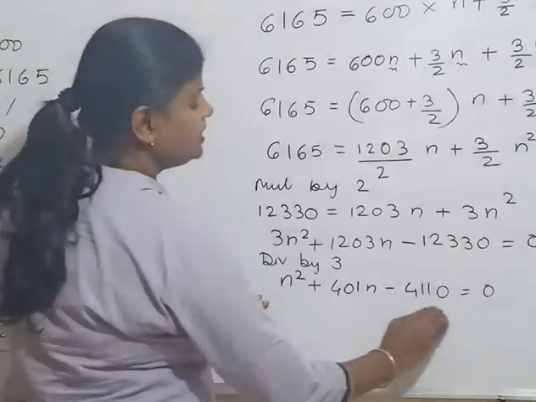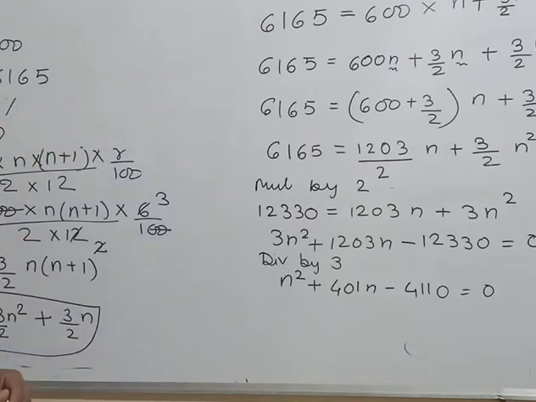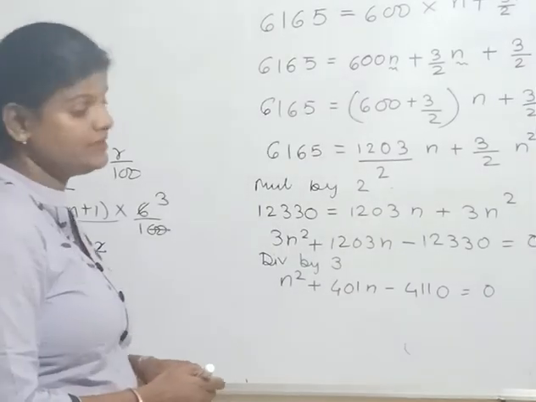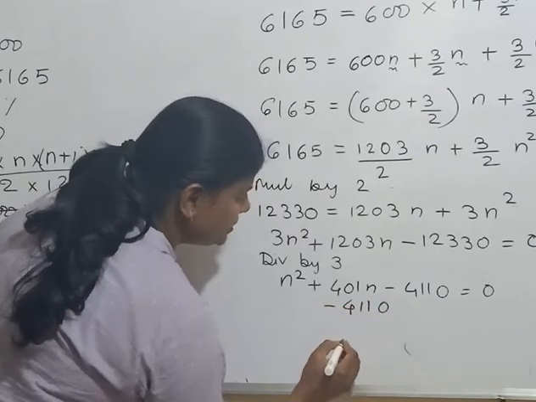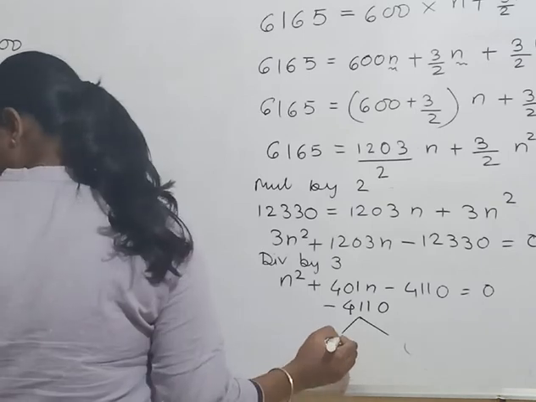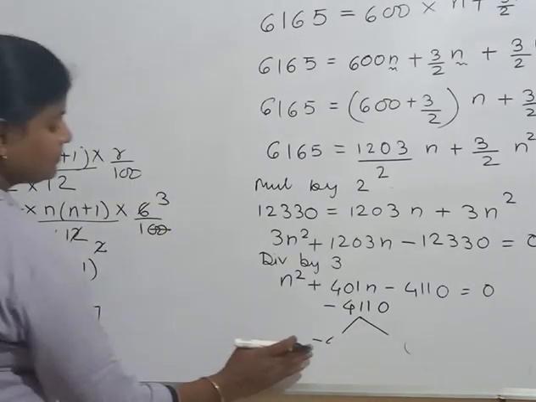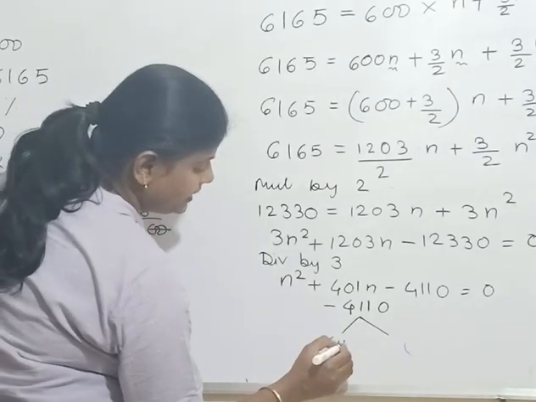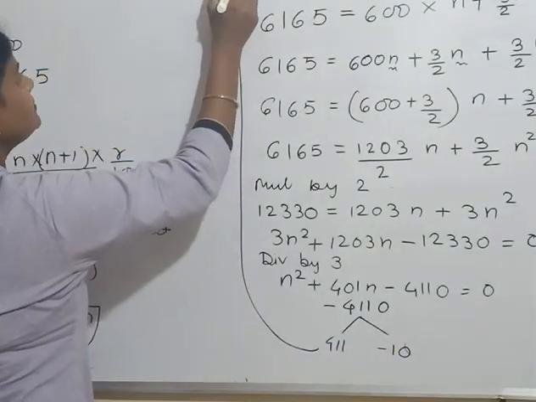Now you can see this is in the form of a quadratic equation. Now you can factorize it. Find the factors of minus 4110. It is minus 411 and minus 10. Further I am solving here.